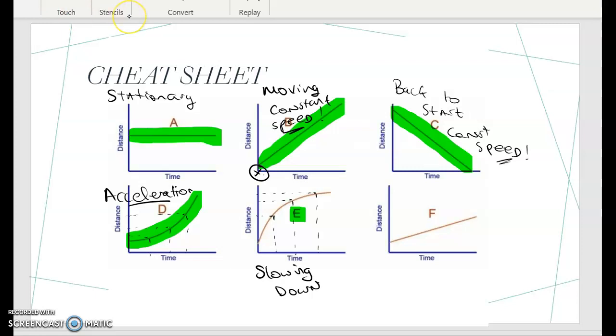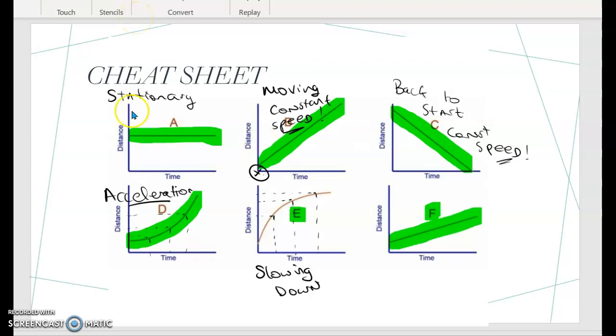And F, well, if you guys have a look at F, which one of the previous examples is F? Give it a shot yourselves. Yes, F is a positive velocity, constant speed that is moving away from the object.